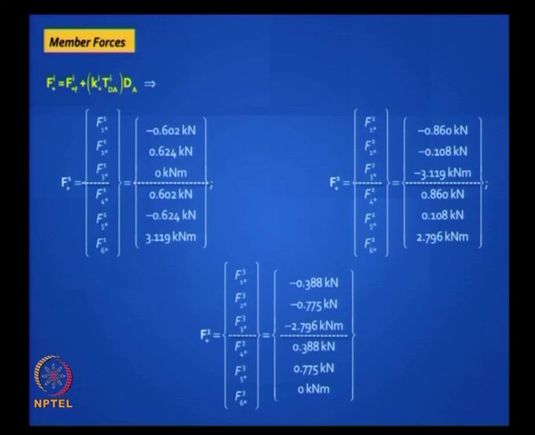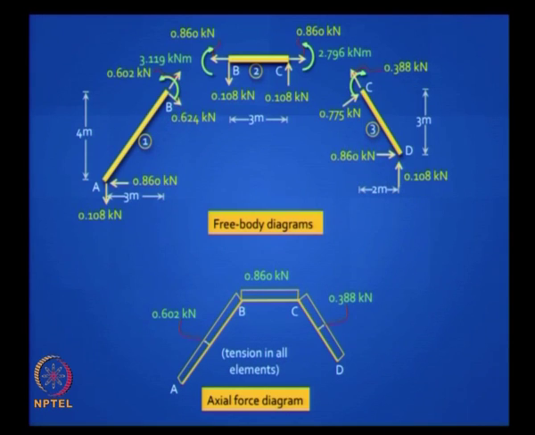You can find the membrane forces. Now you get shear forces and bending moments in addition to axial forces, but they are of small magnitude. You see that value which we got, 0.9 for the second element, the exact answer is 0.86, which is close to 0.9. And these are your final diagrams.